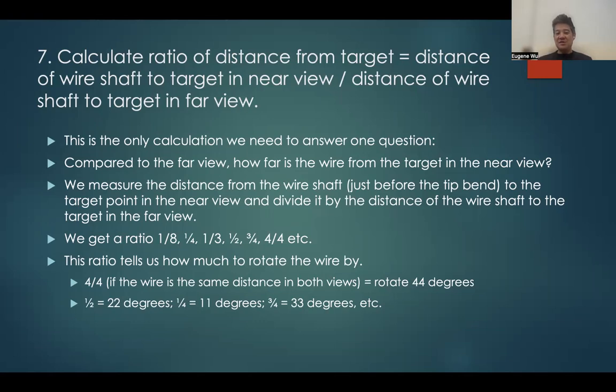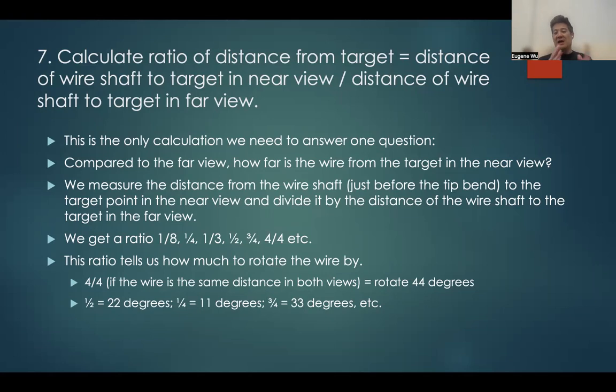Now, we measure the distance from the wire shaft just proximal to the distal tip bend, that's where we want to measure, to the target, the midpoint of the target. And we divide the distance in the near view by the distance in the far view, and we get a ratio. It could be an eighth, a quarter, a third, a half, 3/4, or the same distance.